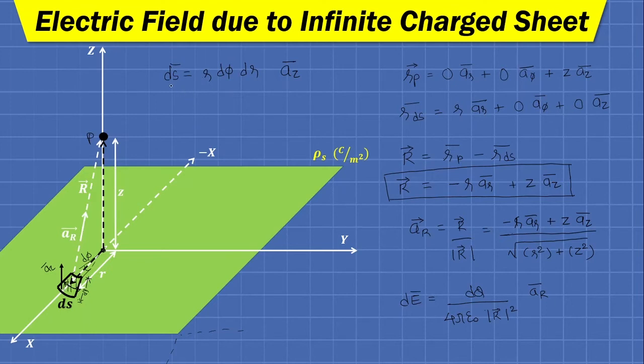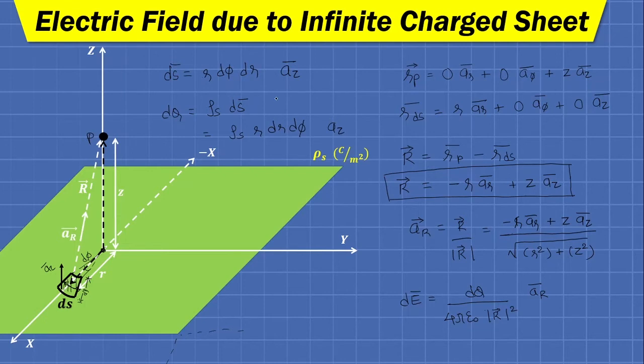Fine. So if ds is defined in this manner, then a small charge dq on this surface is nothing but rho s into ds. So if we multiply rho s with this, then it will be rho s into r dr d phi.